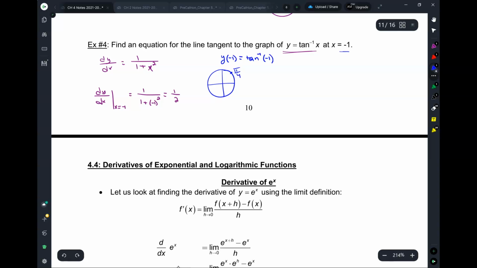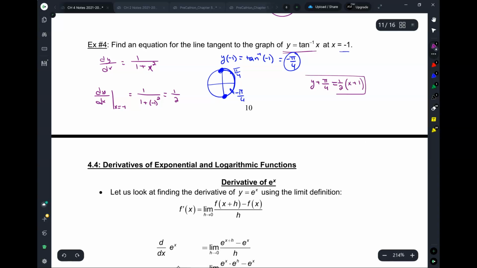But remember inverse tangent exists from -pi over 2 to pi over 2. So it's -pi over 4. So the equation of a tangent line then is y plus pi over 4 equals 1/2 times (x plus 1).